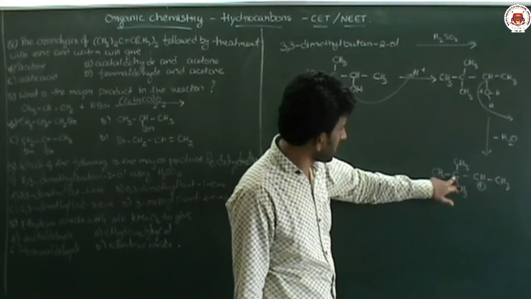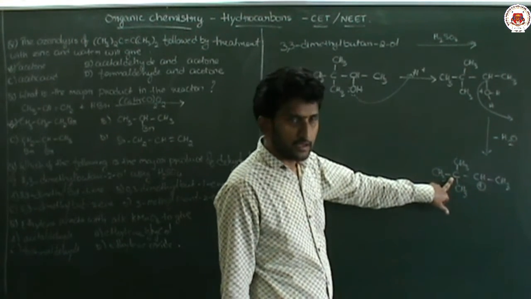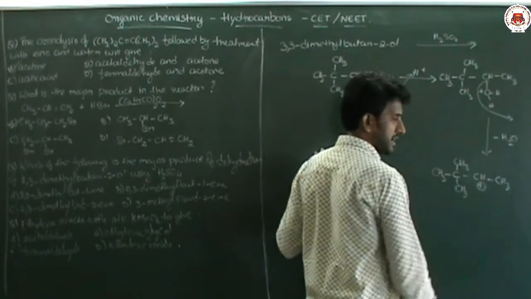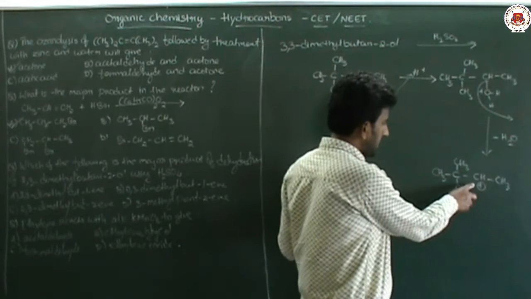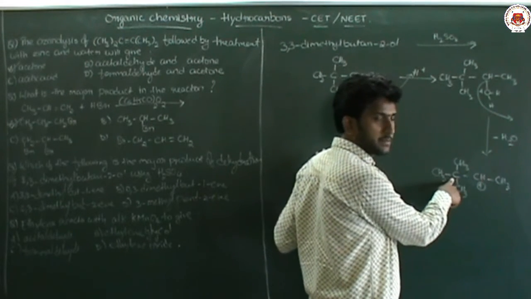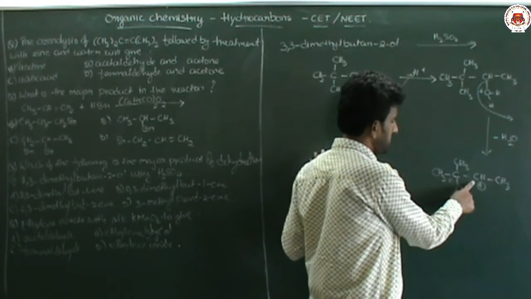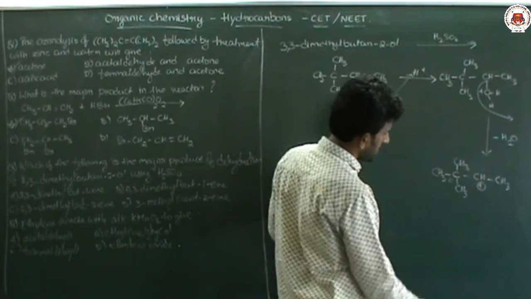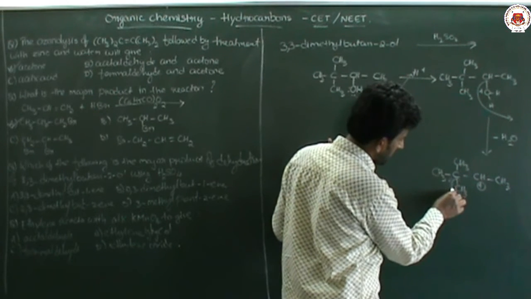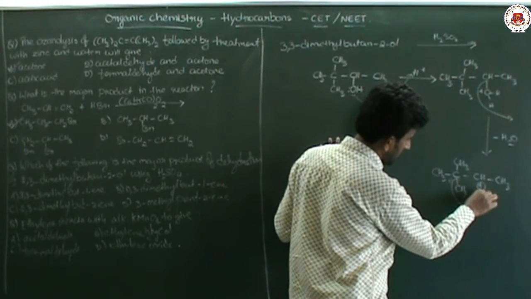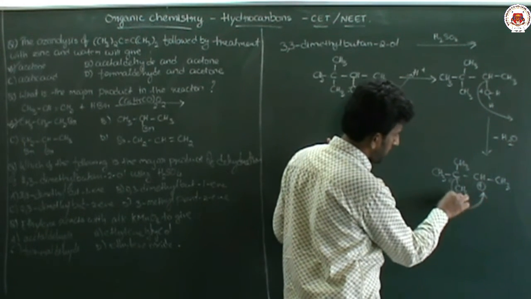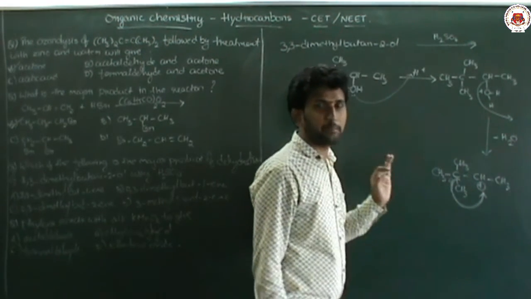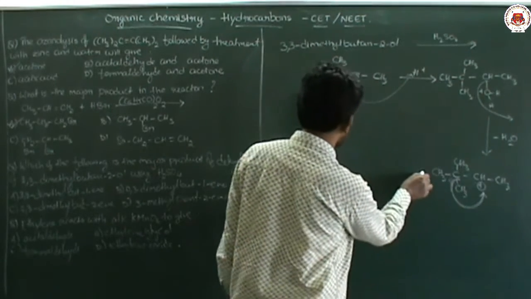Whenever a secondary carbocation is attached to a tertiary carbon in this type of arrangement, this secondary carbocation can try to form a tertiary carbocation by methyl group migration.